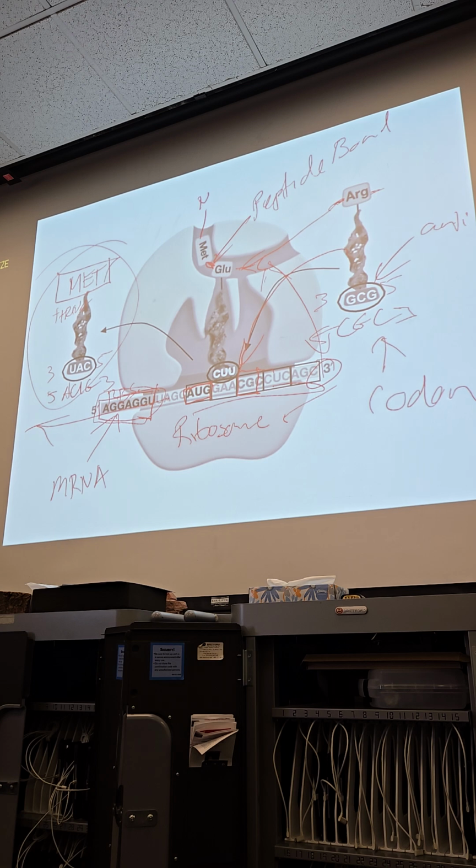One, two, 3, 4, 5. The 5 prime of the mRNA is the start codon.